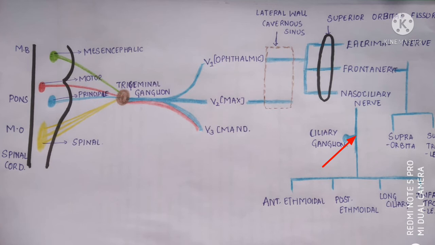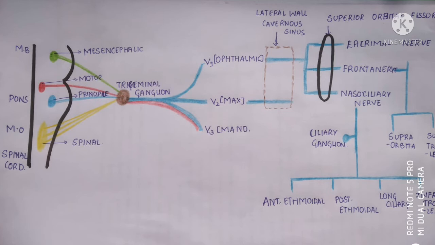The anterior ethmoidal nerve goes upwards and then divides into 2 branches called the anterior branch of the anterior ethmoidal nerve and the lateral branch of the anterior ethmoidal nerve. The anterior branch of the anterior ethmoidal nerve supplies the tip of the nose.